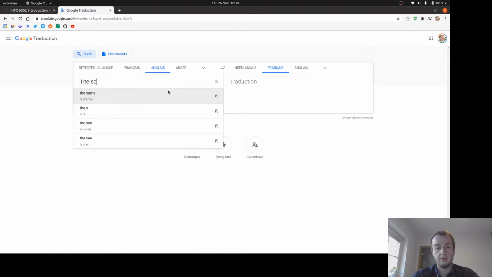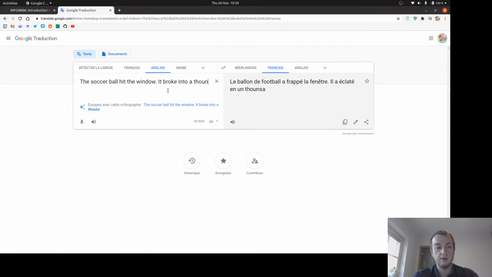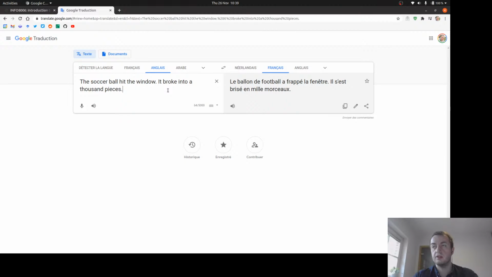And so if I type, the soccer ball, the window, it broke into 1,000 pieces. Right? This is today's state-of-the-art Google Translate. It's still making errors, right? Because that translation is not correct.